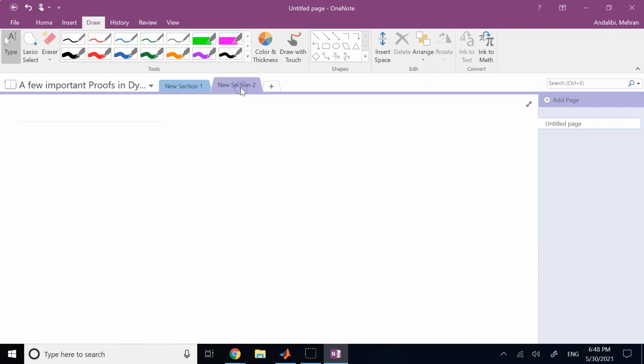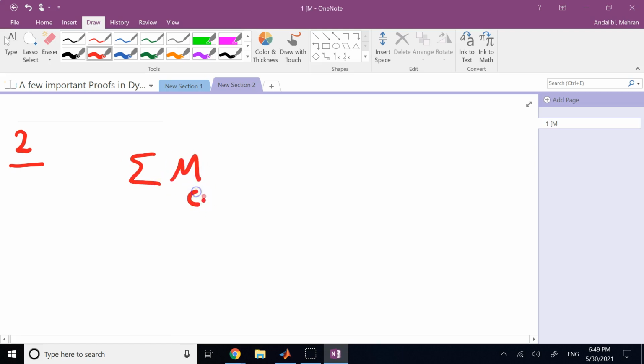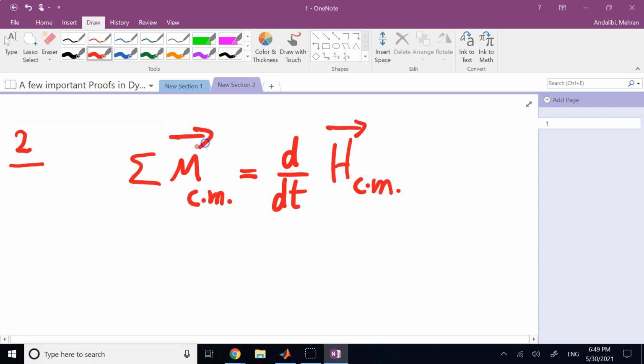Why is that equation true? I just showed you. Proof number 2, which we need to talk about, is now we have this equation that summation of the moments about the centroid is equal to d over dt of h about the centroid. Correct? I just proved that to you. Now my new claim is this.